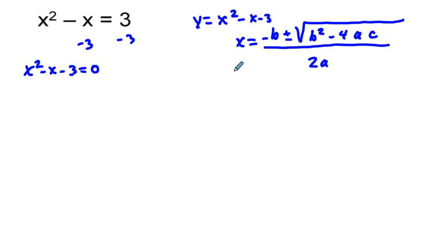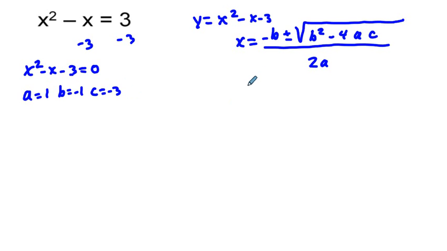What are a, b, and c, you ask? We have the expression in standard form on the left: 1 x squared, so a equals 1; we have -1x, so b is equal to -1; and c is equal to -3.